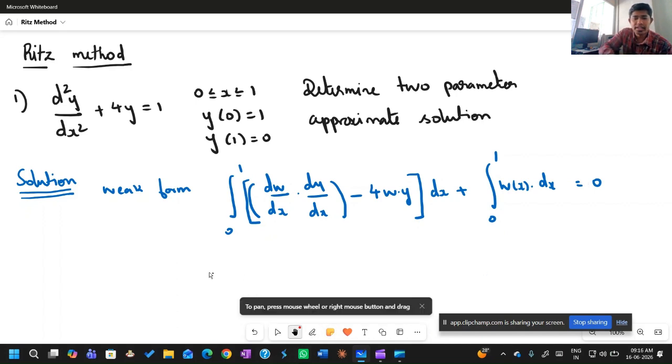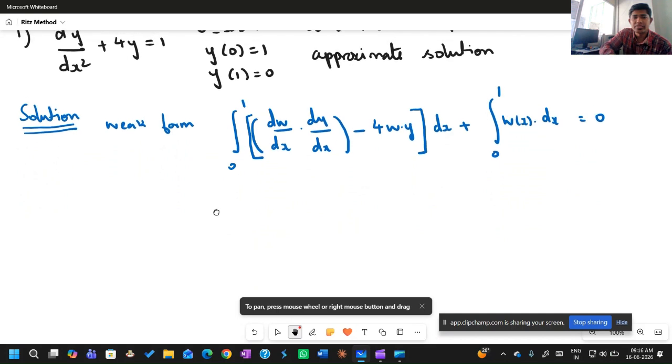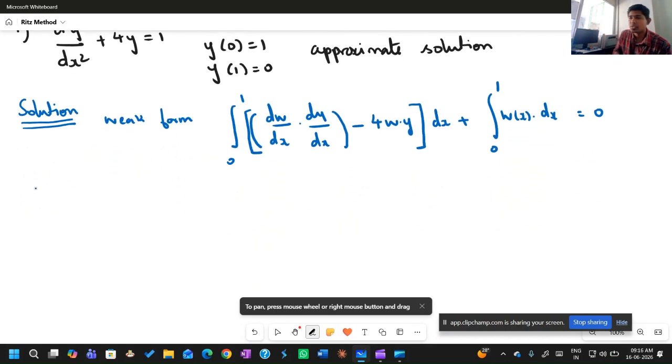From this equation we can identify the bilinear functional and linear functional. The general form of weak form is bilinear functional minus linear functional equal to 0.